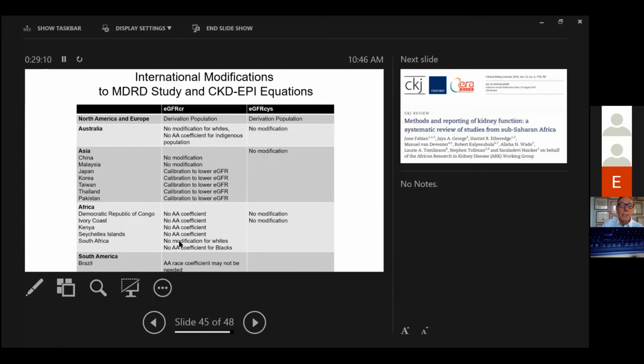For whites, there's no modification of the equation that's required. And in South Africa, there's no need for the African American coefficient in Blacks. This is for the creatinine equation. So I would encourage you not to use the African American coefficient in Africa. In the cystatin equation, no modification appears to be necessary.